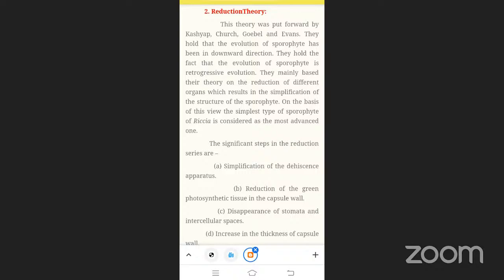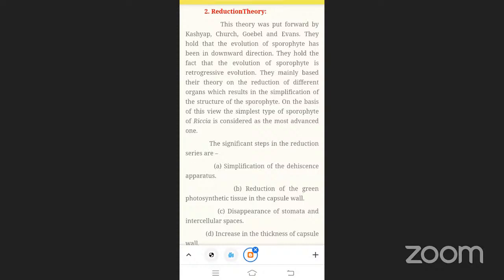Yes, sir. So for bryophytes, the general characters of Bryophyta are an important point. And the Marchantia thallus, the archegonia and antheridia, and the sporophyte of Marchantia are important.